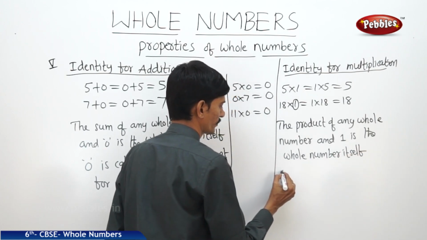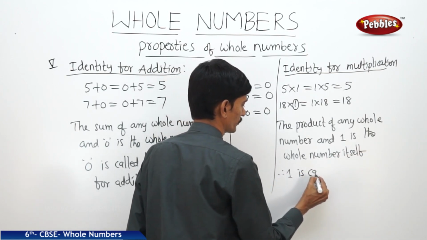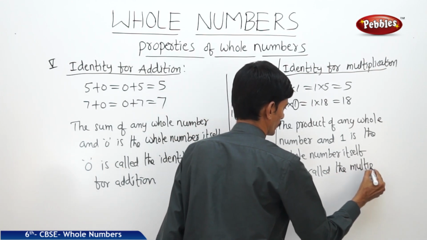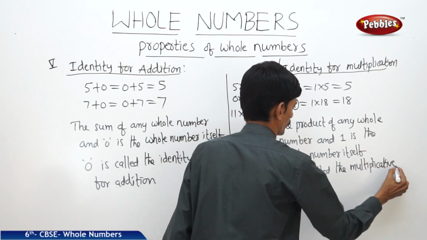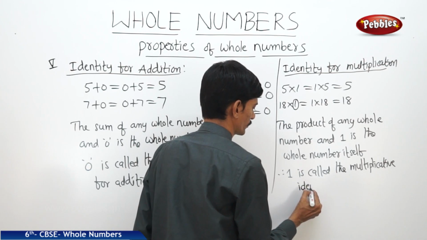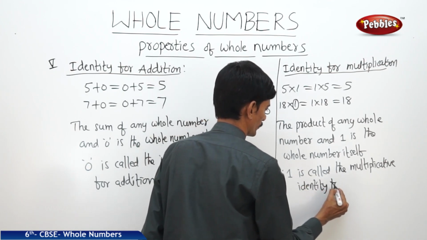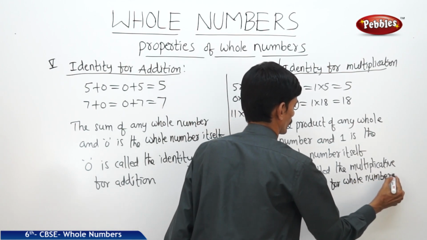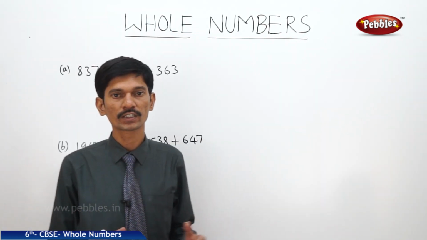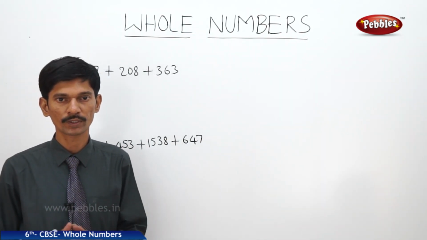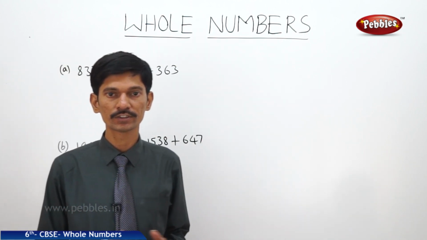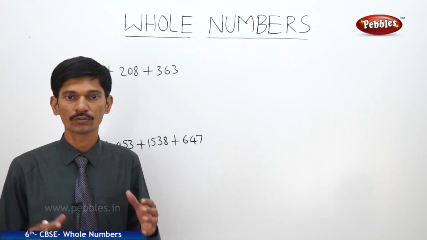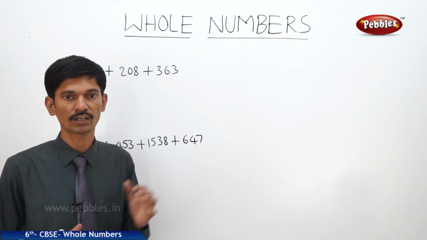So therefore 1 is called the multiplicative identity for whole numbers. So far we have discussed the properties of whole numbers such as closure property, commutative property, associativity and distributivity, and also the additive and multiplicative identity. Now let us do few problems based on all these properties.